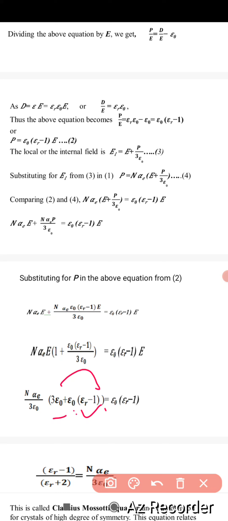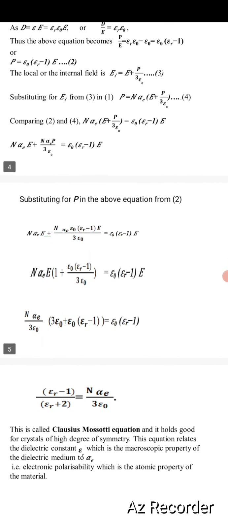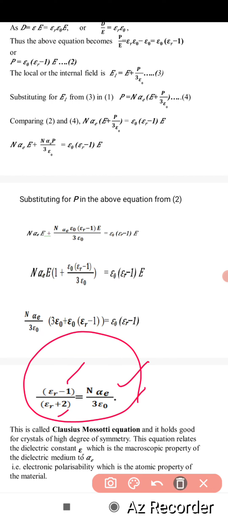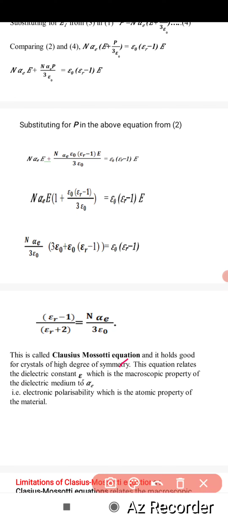Epsilon naught is taken outside, and epsilon naught and epsilon naught cancel. Finally, rearranging this equation, we get epsilon r minus 1 divided by epsilon r plus 2 is equal to n alpha e divided by 3 epsilon naught. This equation is known as the Clausius-Mossotti equation, and it holds for crystals having a high degree of symmetry.